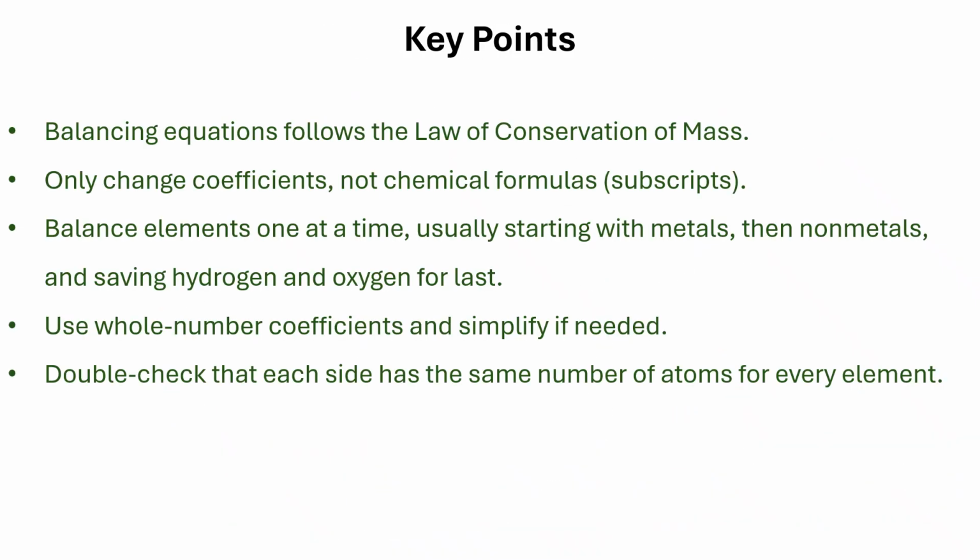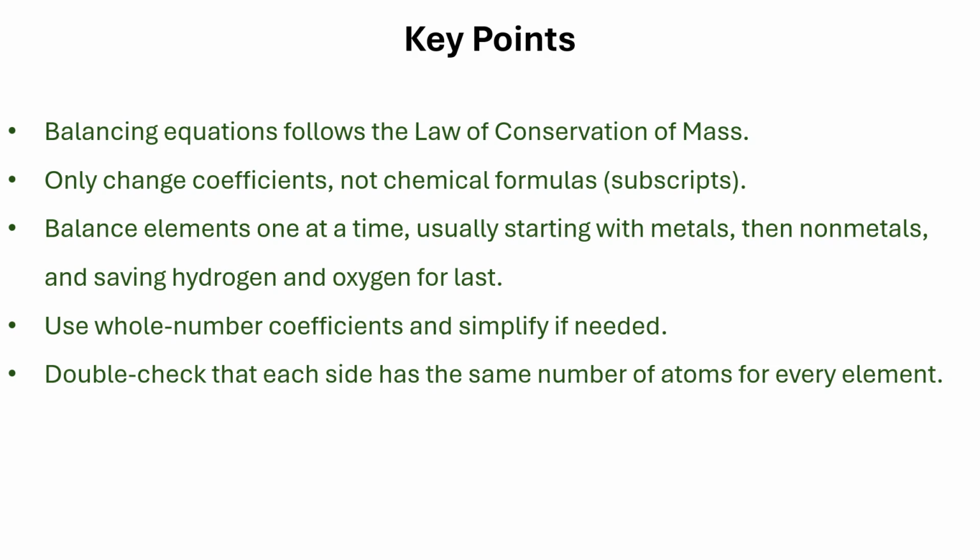These are the key points you should know when you are balancing equations. Balancing equations follows the law of conservation of mass. We only change the coefficients, those are the numbers in front of your chemical formulas, and we do not change the subscripts. If you change the subscript, it changes the chemical formula.